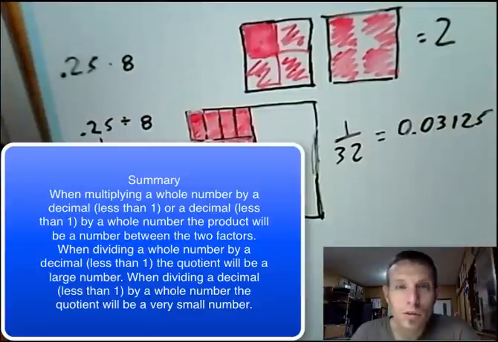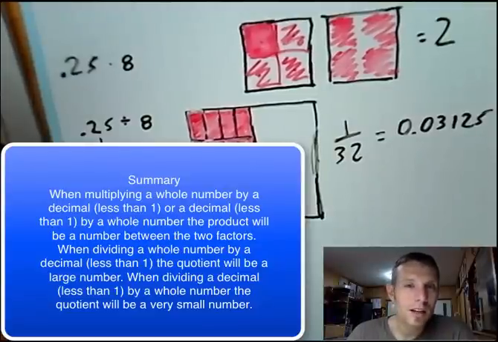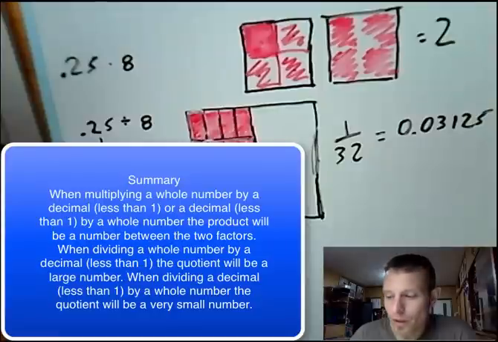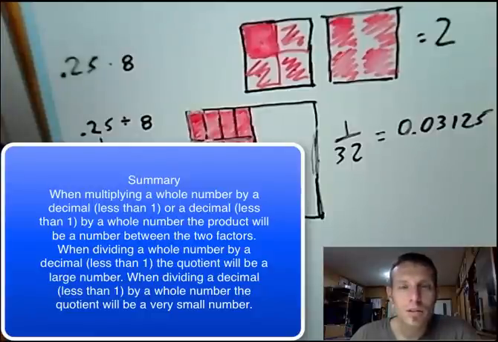And 0.25 times 8, we got the result of 2, that's in between 0.25 and 8. And then when you're dividing a number greater than 1 by a number less than 1, your final answer is going to be a much larger number. And if you take a number less than 1 and divide it by a number greater than 1, you're going to get a much smaller answer.